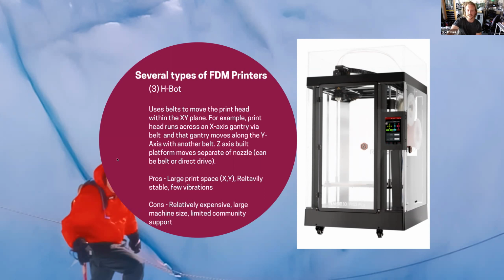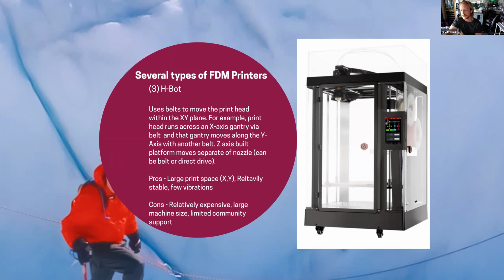The H-bots tend to be relatively more expensive, at least in comparison to other Cartesian printers. They're large, so you may need a designated desk for them. And there's less support because, for example, this particular printer has its own forum, and because of all the hardware, you have to go directly to that forum to troubleshoot or fix something if it goes wrong.